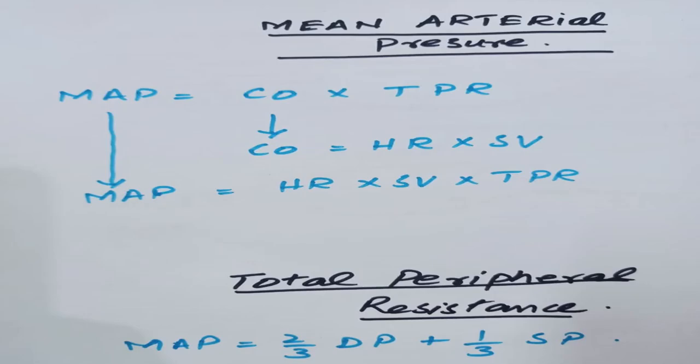Just as a recap, you know well, mean arterial pressure is equal to cardiac output multiplied by total peripheral resistance. And cardiac output is equal to heart rate multiplied by stroke volume.